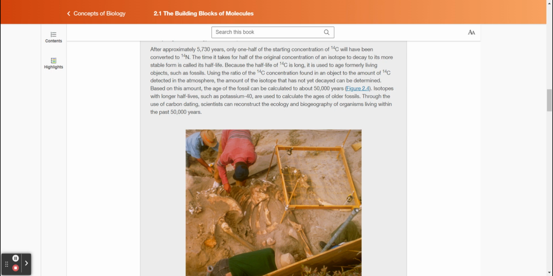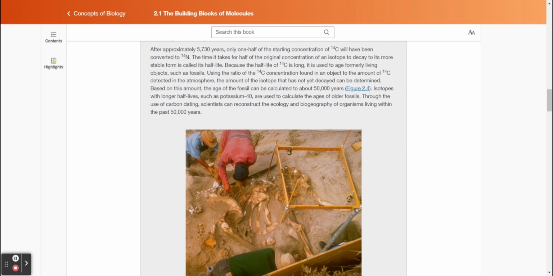as fossils. Using the ratio of the carbon-14 concentration found in an object to the amount of carbon-14 detected in the atmosphere, the amount of the isotope that is not yet decayed can be determined. Based on this amount, the age of the fossil can be calculated to about 50,000 years. Isotopes with longer half-lives, such as potassium-40, are used to calculate the ages of older fossils.